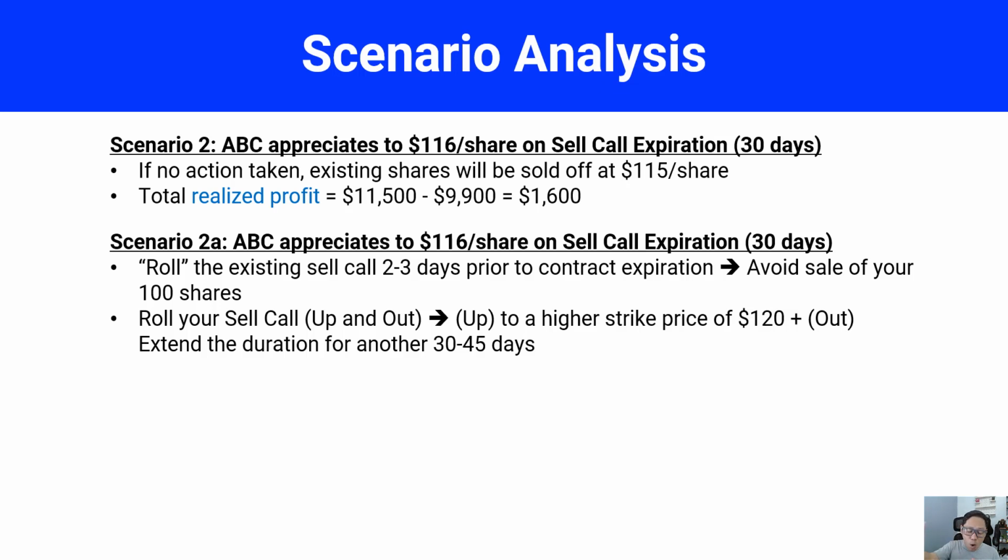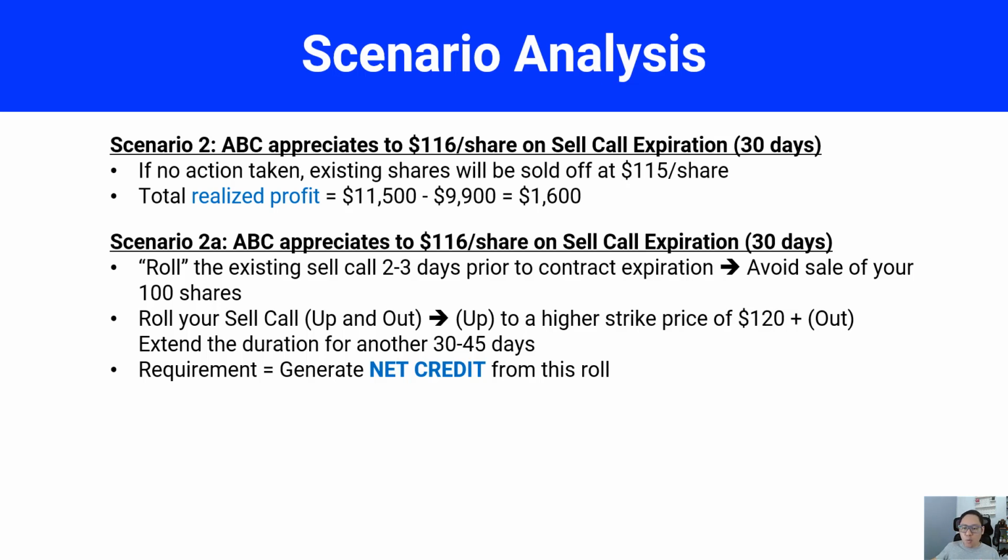You rolled it out to extend the contract duration for another 30 to 45 days. Now, when making this roll, do make sure that you continue to receive an income from it, meaning that you generate a net credit out of this roll.